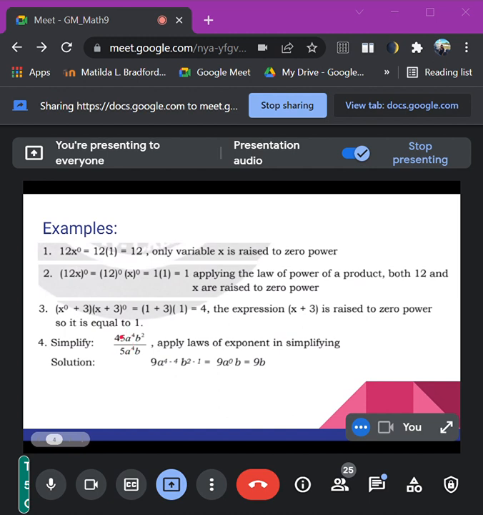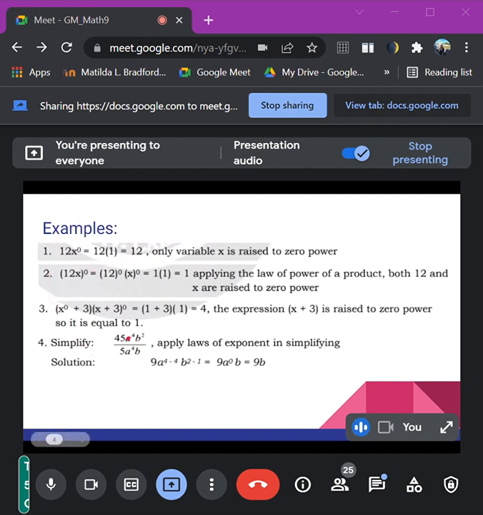Quotient of a power. Okay, quotient of a power. So with quotient of a power, you divide. You also subtract the exponents. So you divide the whole numbers, while for those with exponents you subtract.